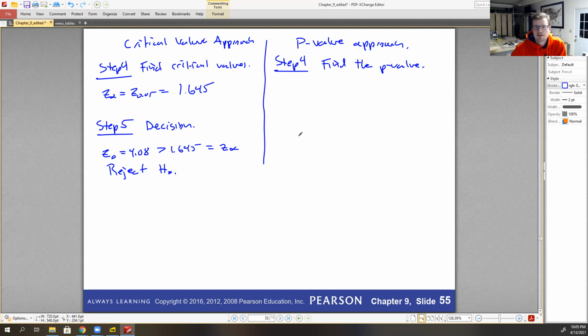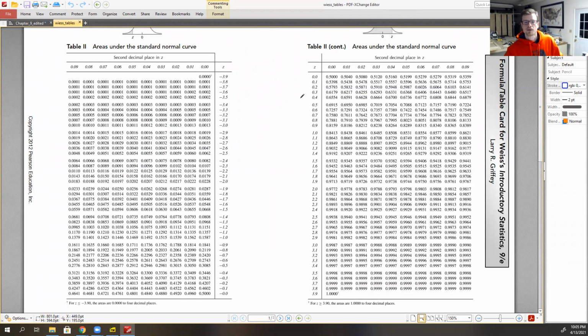So what I'm saying there is, here's what we found, here's the mean, it's normally distributed, what's this area? That's what we're looking for here. So in order to do that, P in this case would be 1 minus the area to the left. The area to the left is given in our table 2. So I just need to find 4.08 on this table. That gives me the area to the left. I take 1 minus that area, and that's the area to the right.